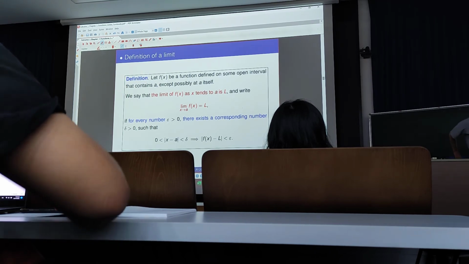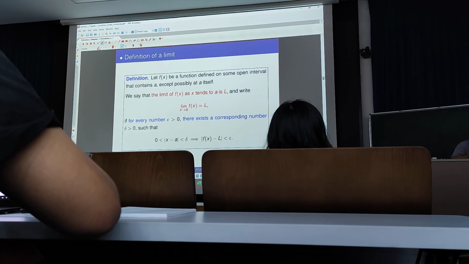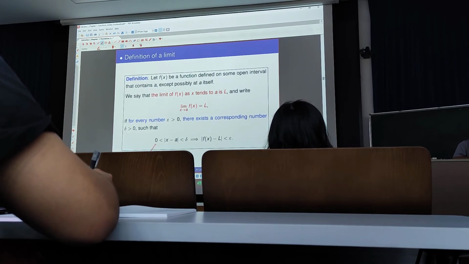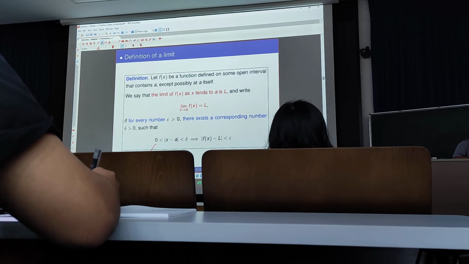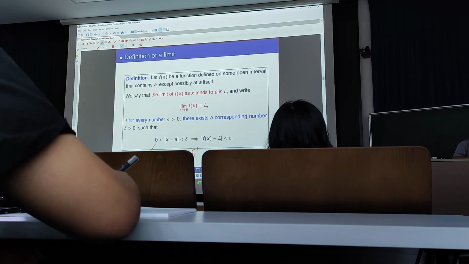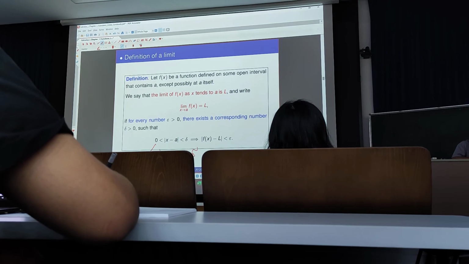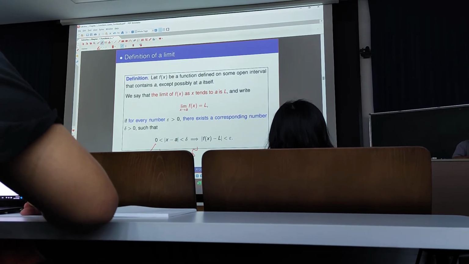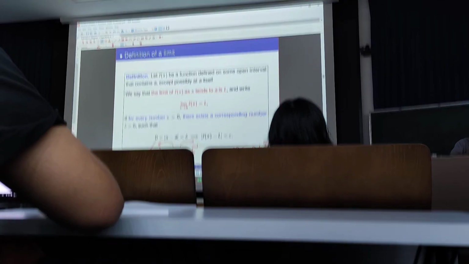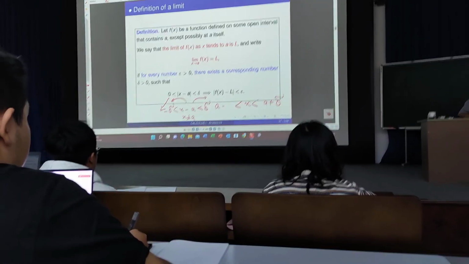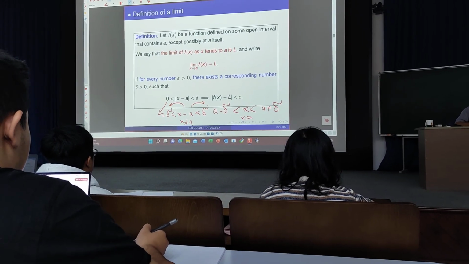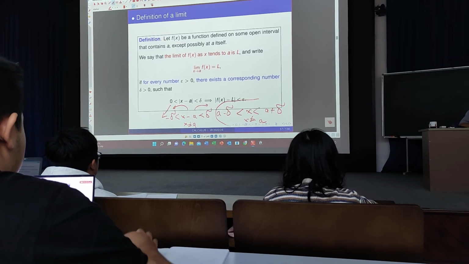The difference between limit and continuity comes later. What is that? It means that the absolute value of x minus a is less than delta, and x is different from a. You move a to the right and to the left: x is less than a plus delta, bigger than a minus delta, and x different from a.